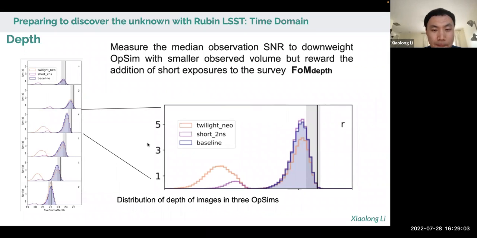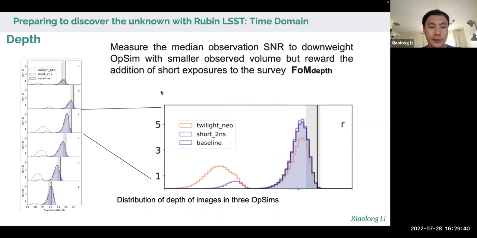For the depth, some options add observations in short exposures, like the twilight one, at the cost of long exposures, while some options add short exposures without impacting the long exposures, like the short to NS one.